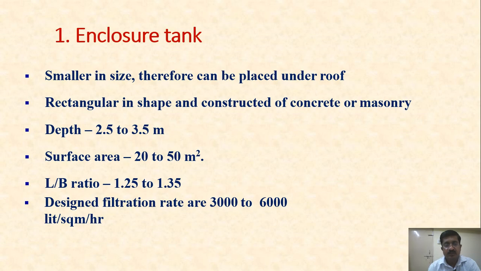Surface area is 20 to 50 square meter. Length to breadth ratio is 1.25 to 1.35, and design filtration rate is 3000 to 6000 liters per square meter per hour. So this is more than the slow sand filter that we have seen earlier.